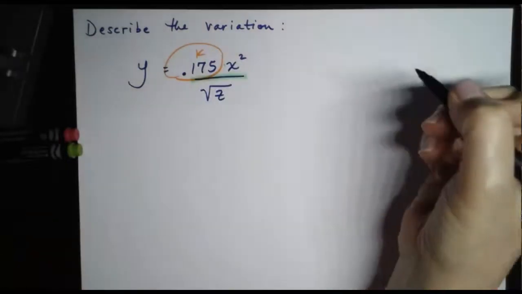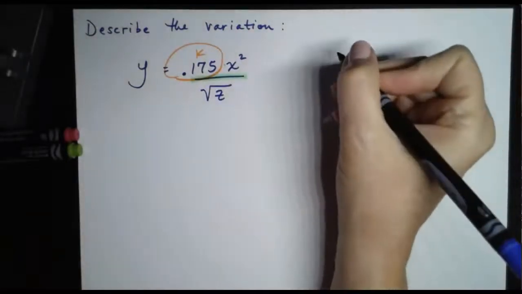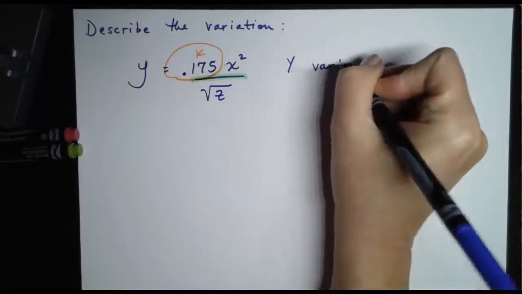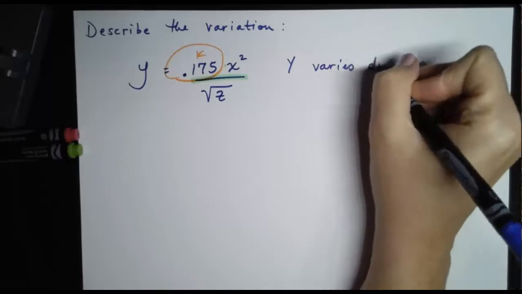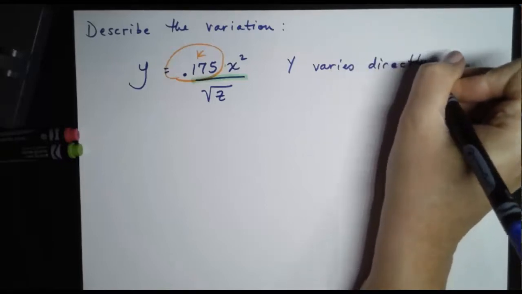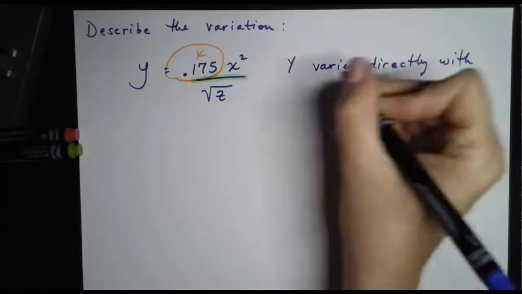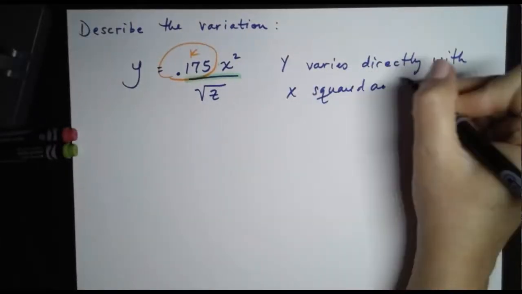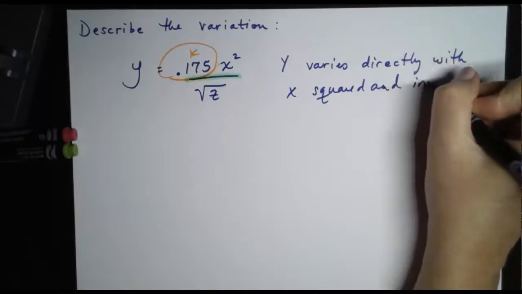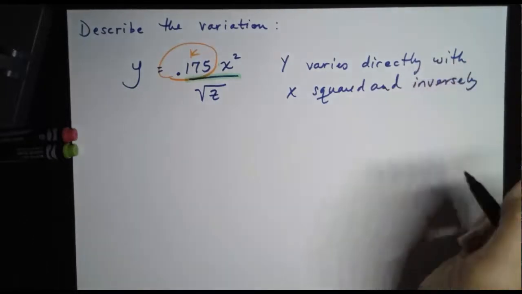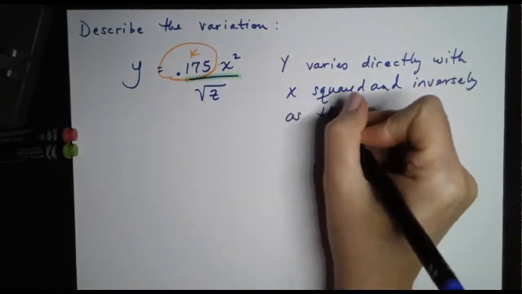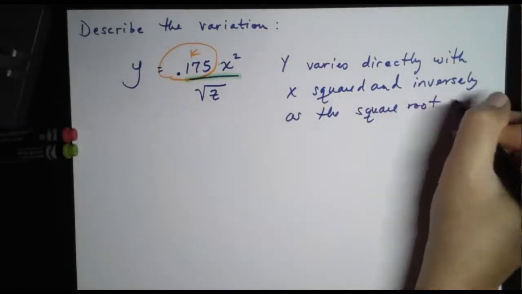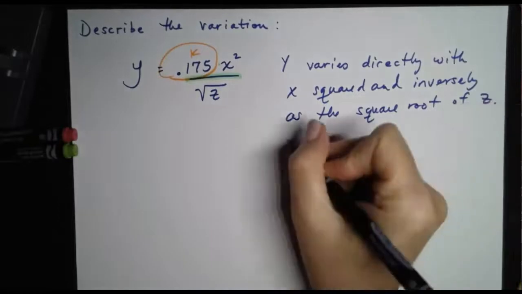So if I had to rewrite this in terms of words, I would say y varies directly with x squared, and inversely or indirectly, same word, as the square root of z.